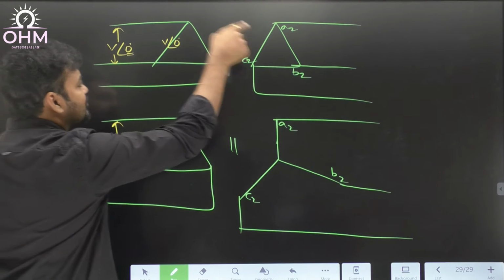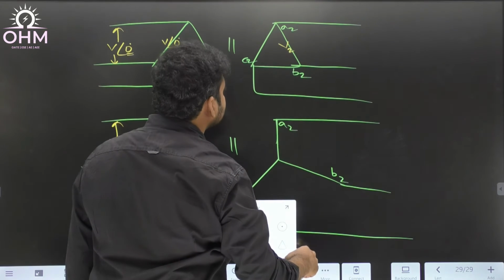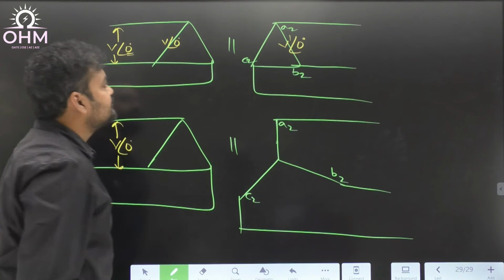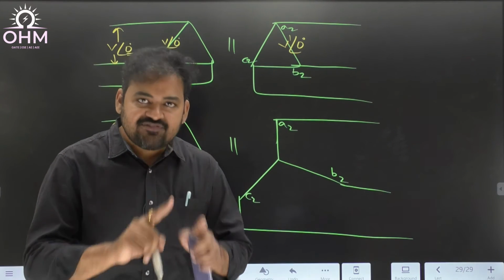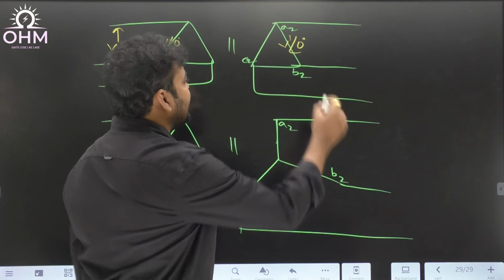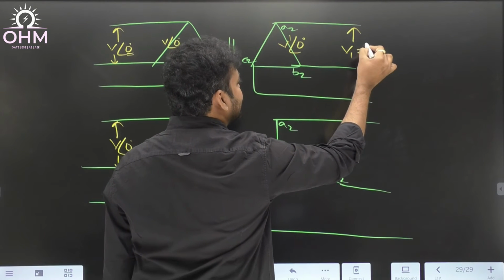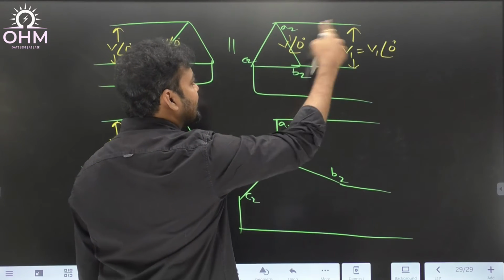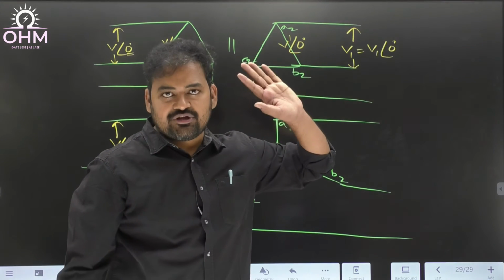If primary phase voltage is at an angle 0, can I say secondary phase voltage, let's say V dash, this is also at an angle 0. Because primary phase voltage, secondary phase voltage are always in phase with each other. If a secondary phase voltage is at an angle 0, secondary line voltage will also be at an angle 0 only. Because it's a delta, in a delta line voltage and phase voltage both are same. So finally, V1 is at an angle 0 degrees.